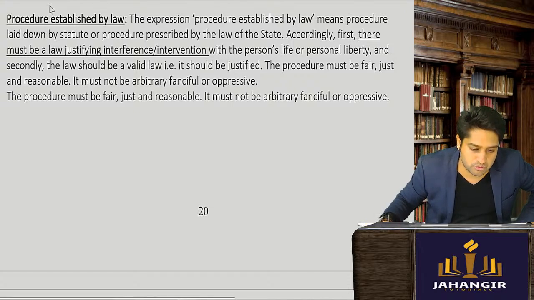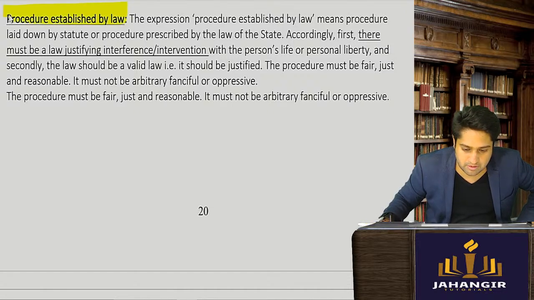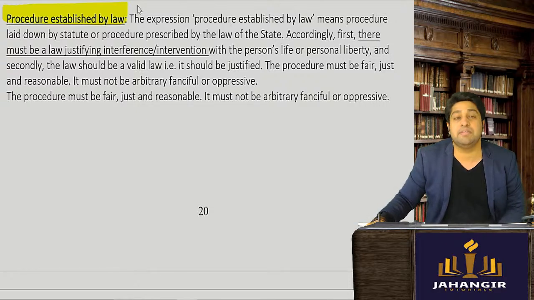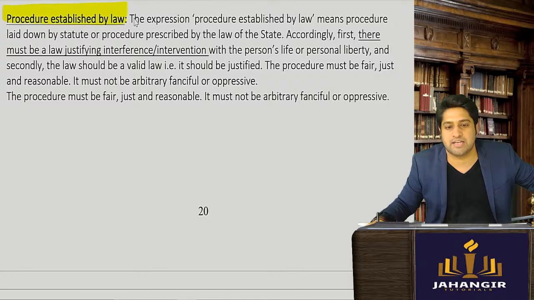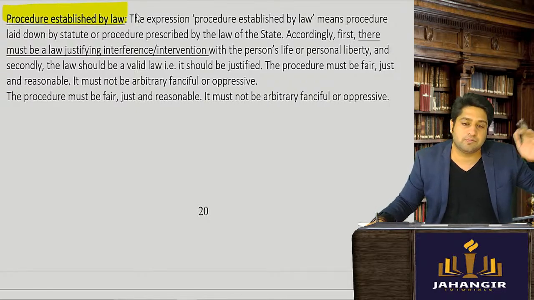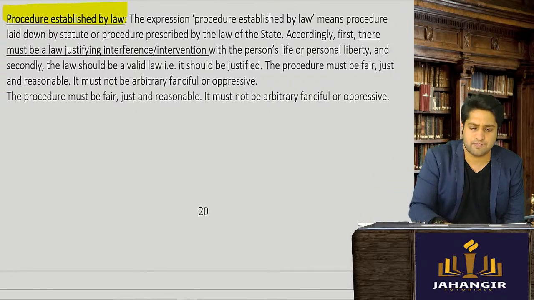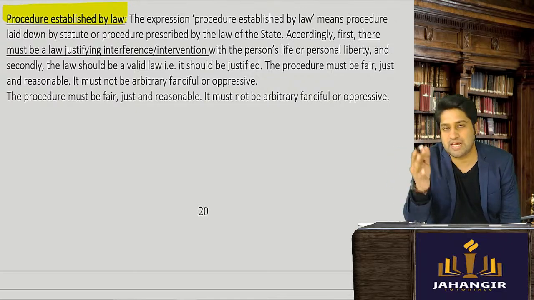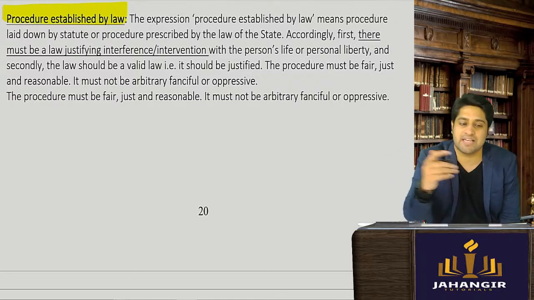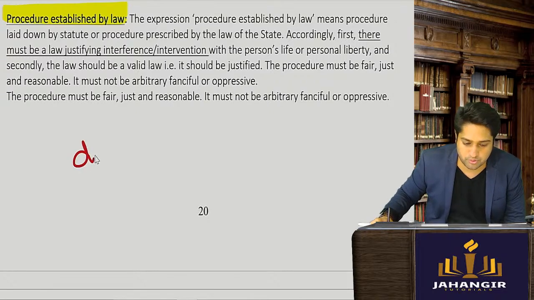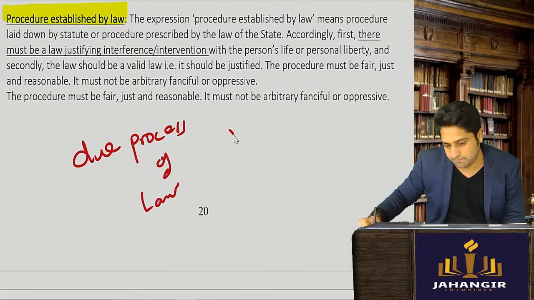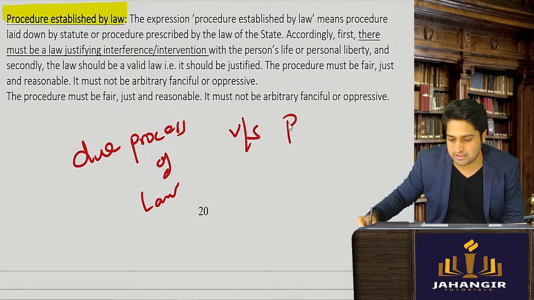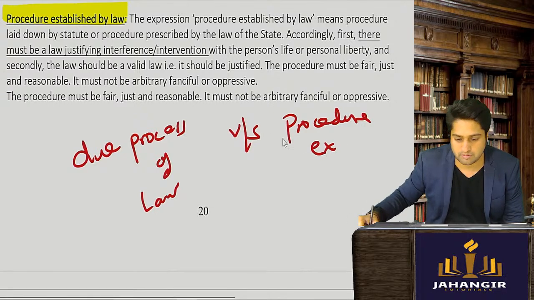Now when we say procedure established by law, it means that a procedure is to be followed as given in your CrPC. In other countries it is written that no person shall be deprived of his life or personal liberty except by due process of law. But in our constitution it is written procedure established by law.